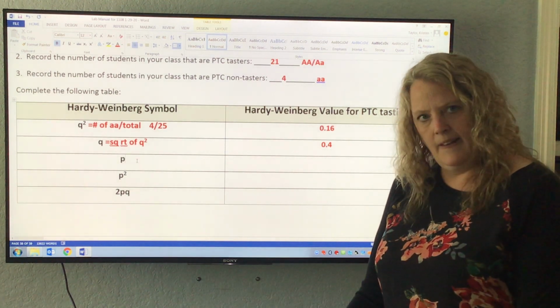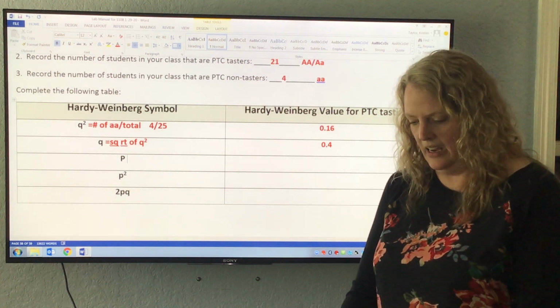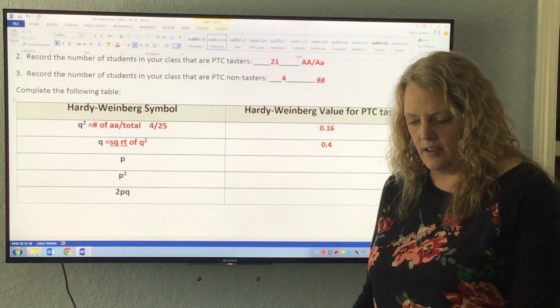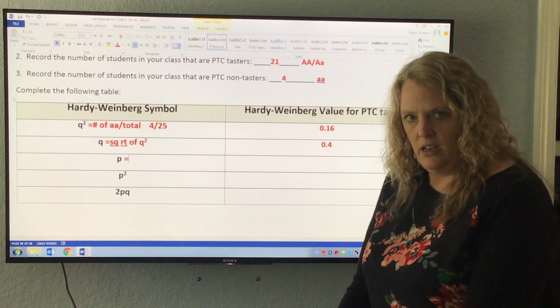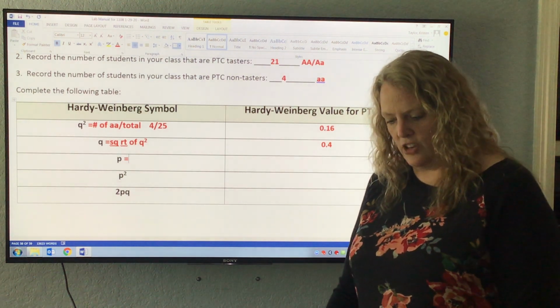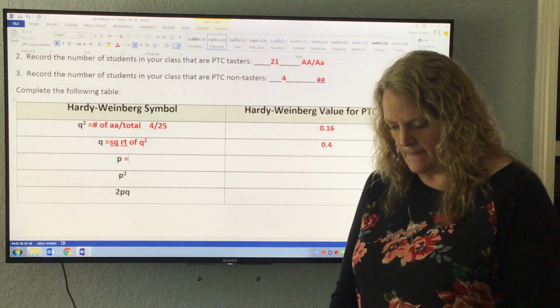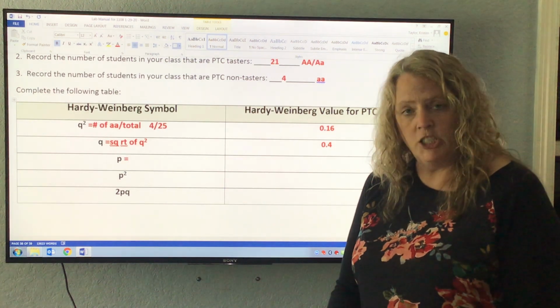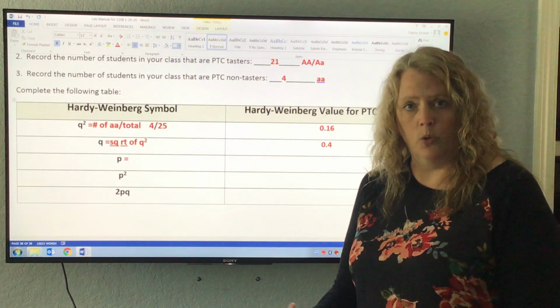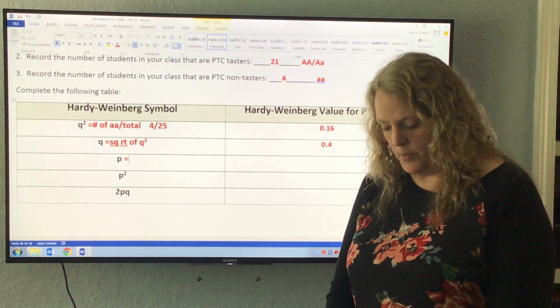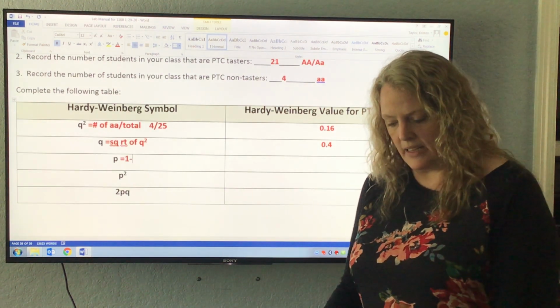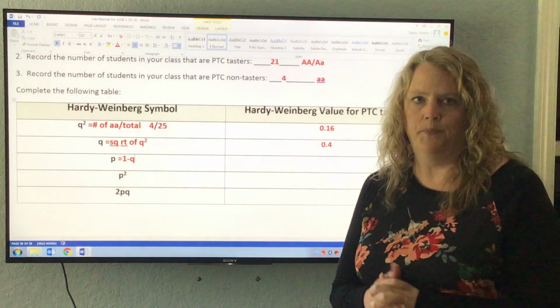Okay, next one down is P. And remember, using that equation, P plus Q has to equal 1. So to solve for P here will be 1 minus whatever you solved your Q for.